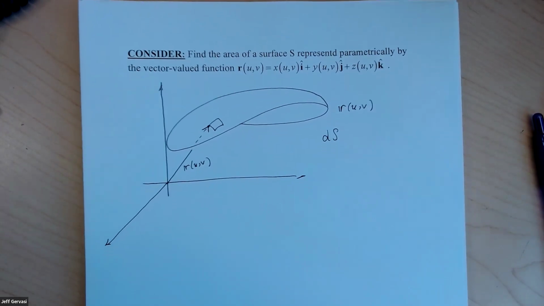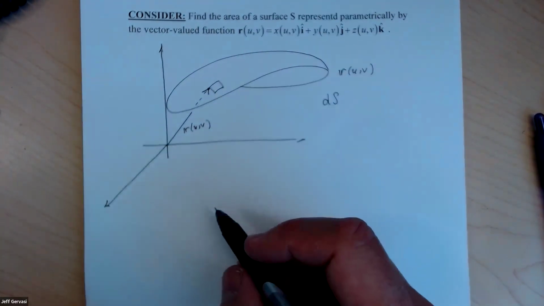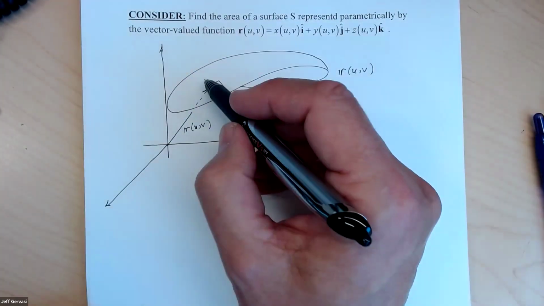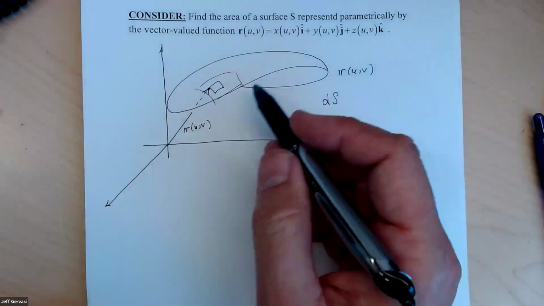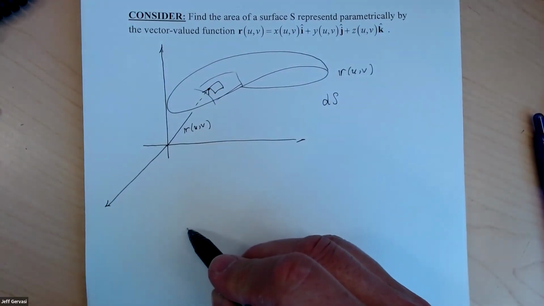So I'm going to magnify that a lot down here. Maybe we got this little patch of the surface, or maybe even that much of it. I'll magnify that much of it and I'll include the patch in there.